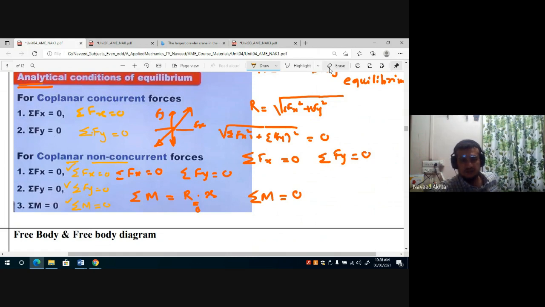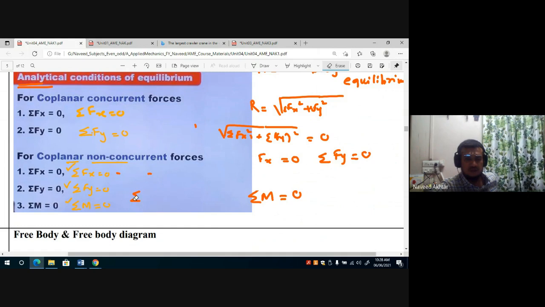That is nothing but the conditions of equilibrium of the forces.